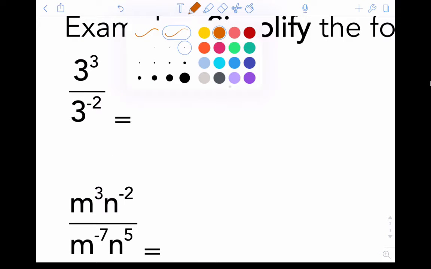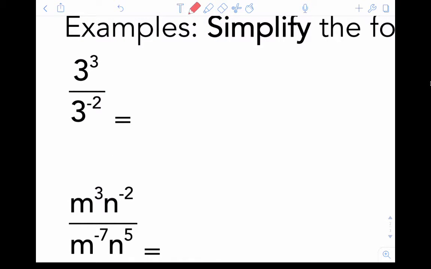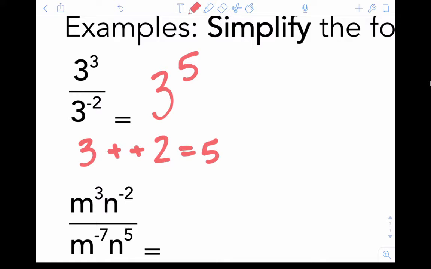So this first practice problem, 3 to the third over 3 to the negative second. I notice that I'm dividing, and I have the same base, so I'm going to subtract my exponents. So I'm going to do 3 minus negative 2. I'm going to add the opposite to get 5. So this is 3 to the 5th.